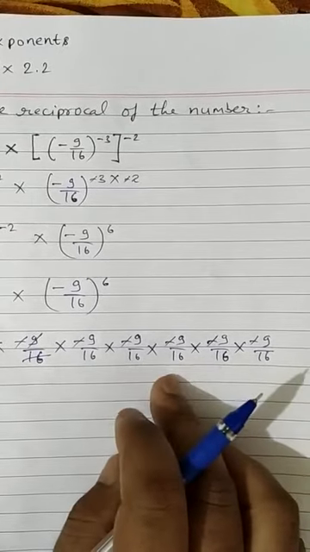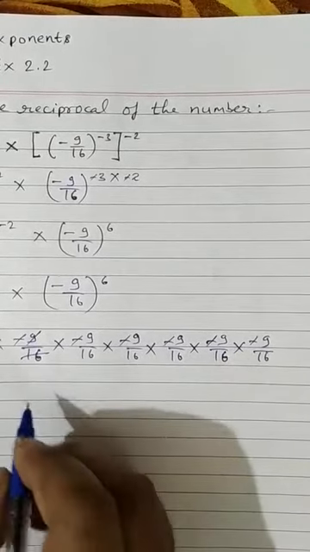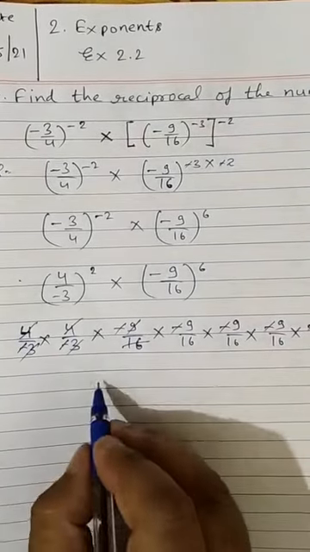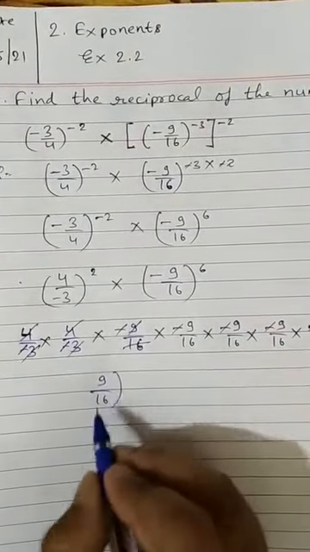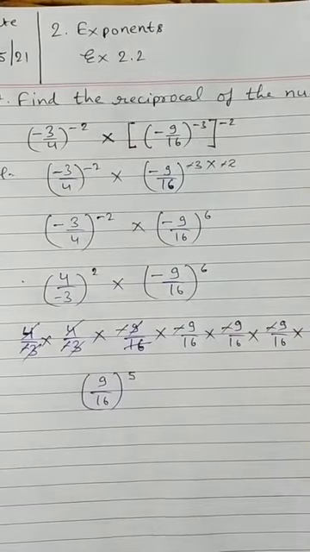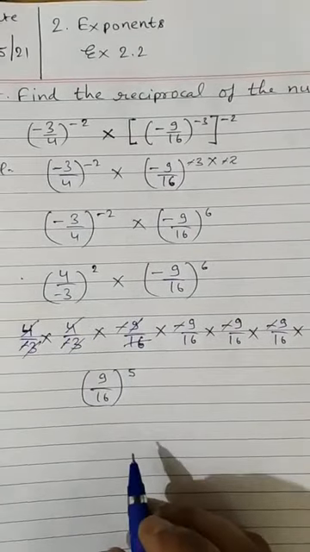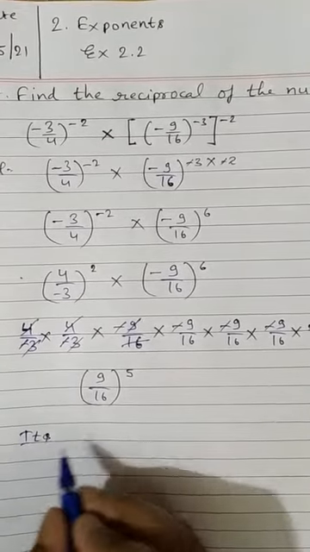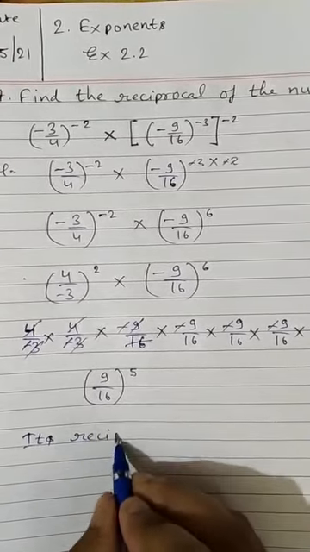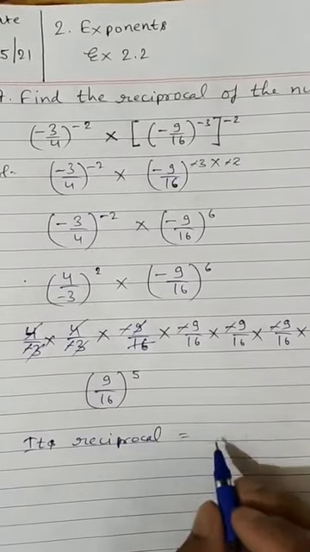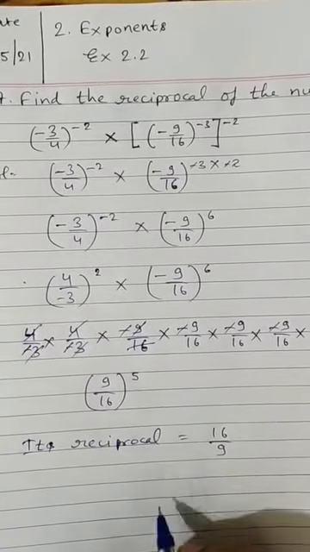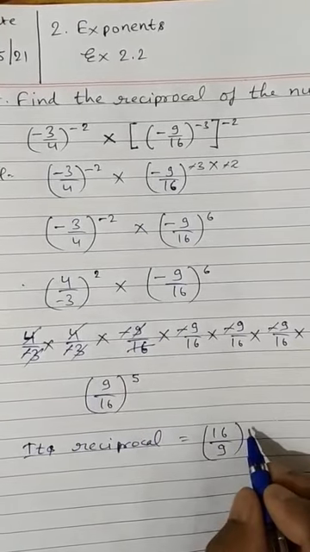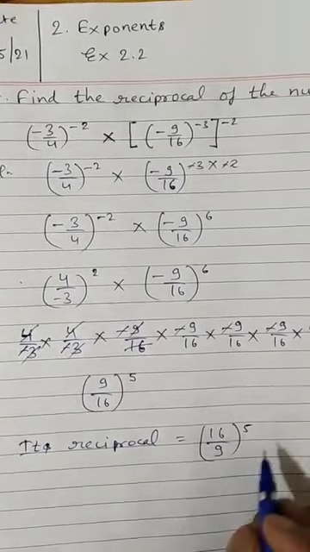We have 5 times 9/16, so we'll write here (9/16)^5, but we have to find its reciprocal. Its reciprocal is 16/9, so 9/16 becomes 16/9 and the power is 5.